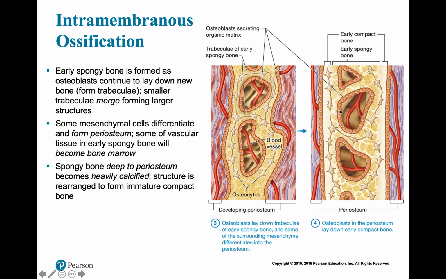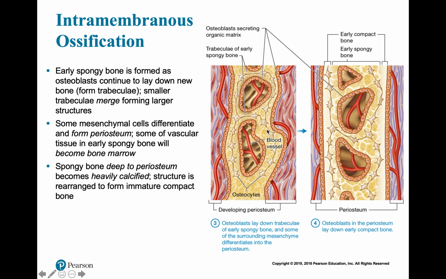Now, embryonic mesenchymal tissue is very highly vascularized. So there are lots of blood vessels present in this mesenchyme. And the bone that gets secreted or formed by these osteoblasts will get laid down around these blood vessels.